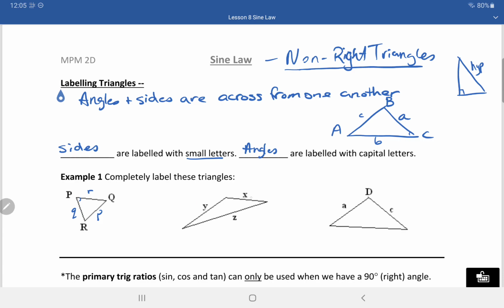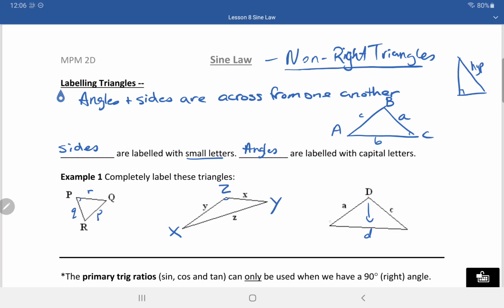These are the side lengths given, x, y, and z. If this is lowercase x, then capital X is over here, across from it. Capital Y would be directly across from lowercase y, and capital Z would be up here, across from lowercase z. And this triangle, if this is capital angle D, then lowercase side D would be this one across from it, so it's always across.